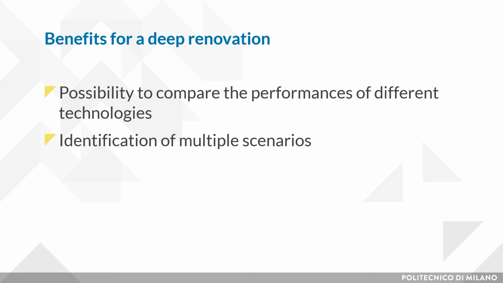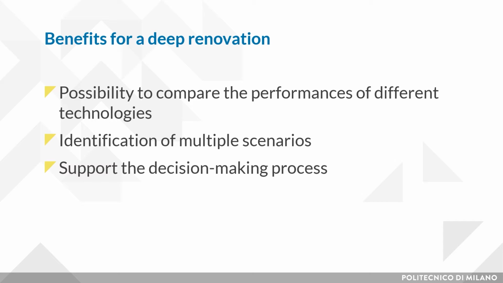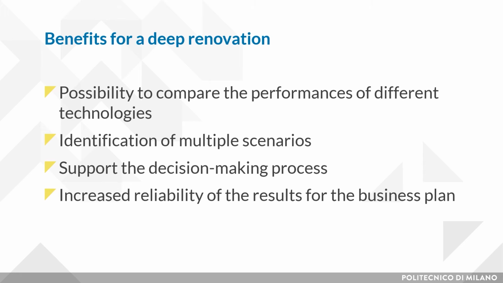It's also relevant for the identification of multiple scenarios for assessing the performance of the renovation in general, also according to different boundary conditions, such as, for example, the climatic data. Consequently, it can support the decision-making process with consistent information and increase the reliability of the results, also for preparing an effective business plan of the renovation.